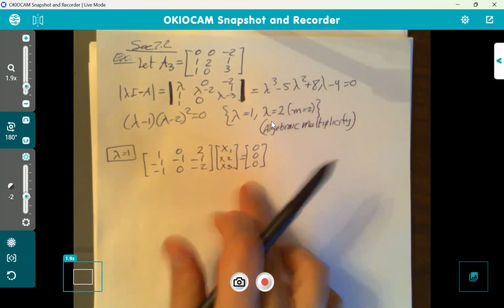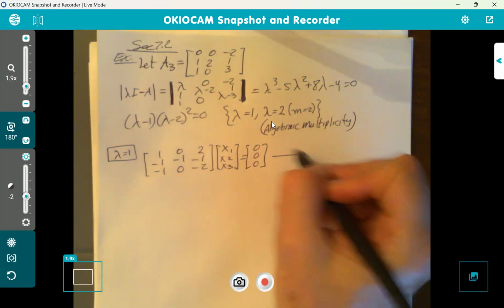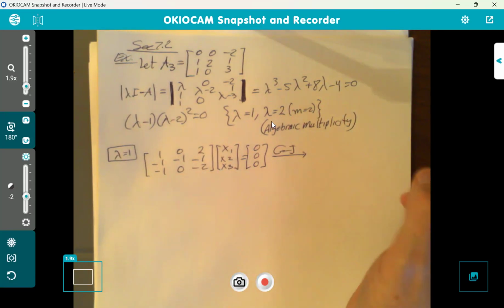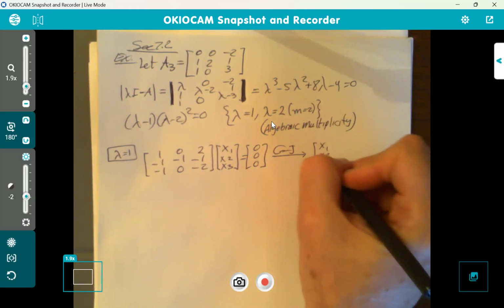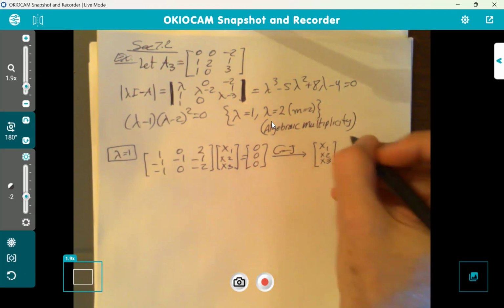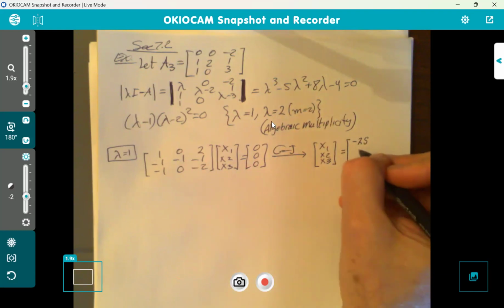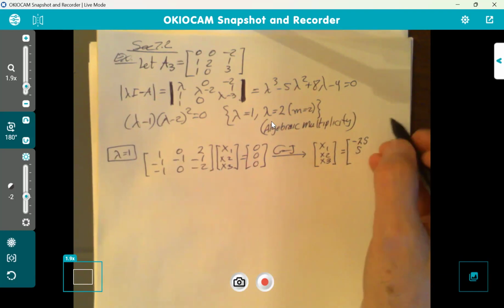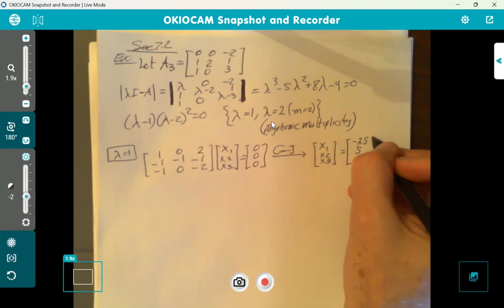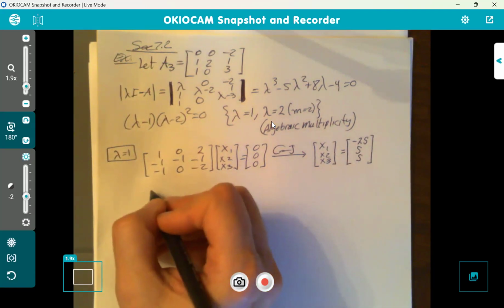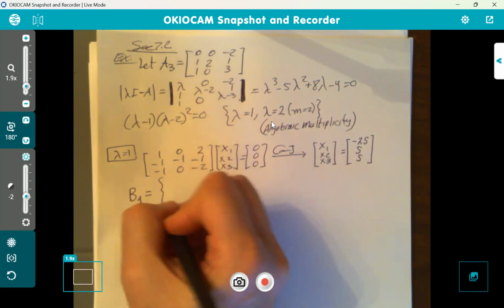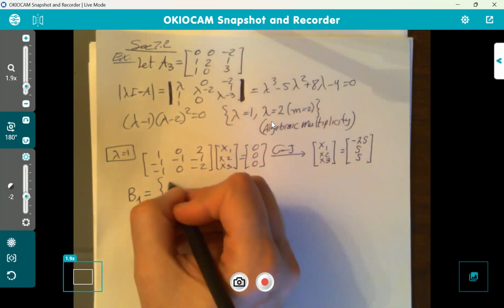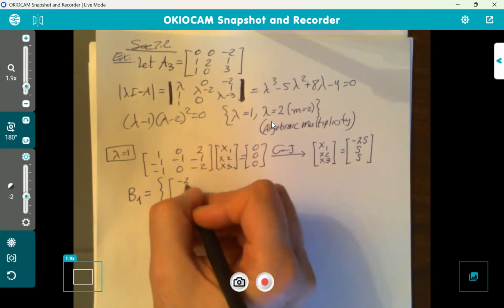Okay, and then when we solve this using Gauss-Jordan, what I got is the following. I get x1, x2, x3, and you can verify this. You're a pretty smart group, so this is no big deal for you. You can figure this out. It's negative 2s, s, and s, and therefore, my first basis, just factor the s out, ends up being negative 2, 1, 1.